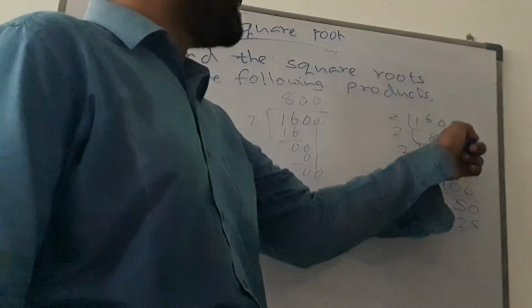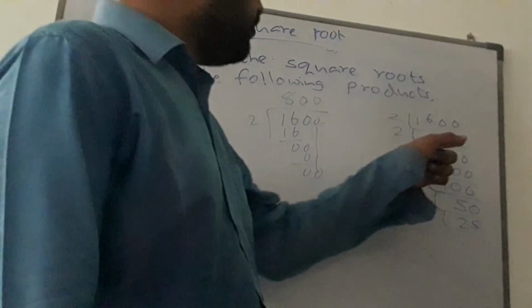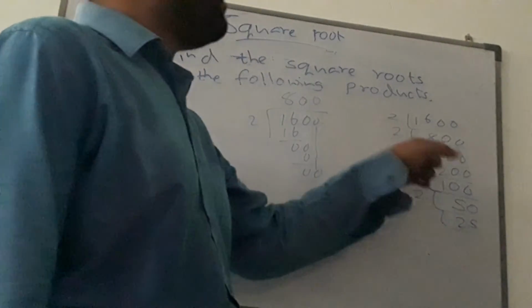If you divide 16 by 2, it is 8 and 2 zeros. 800 times 2 is 1600. And 2 times 400 means 800. So half of 800 means 400. Then we can divide 400 by 2 as well. Even numbers, so we get 200. Why? Because half of 400 means 200. 200 plus 200, 400. Likewise it goes.